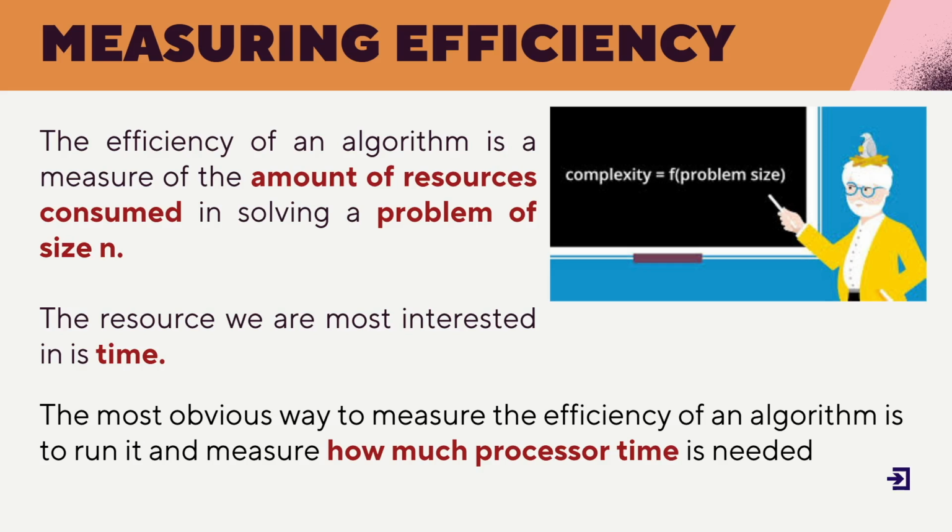So, we will be analyzing or measuring the efficiency of an algorithm in terms of how much processing time it would demand. There are certain other factors which also play a vital role in the efficiency of an algorithm.